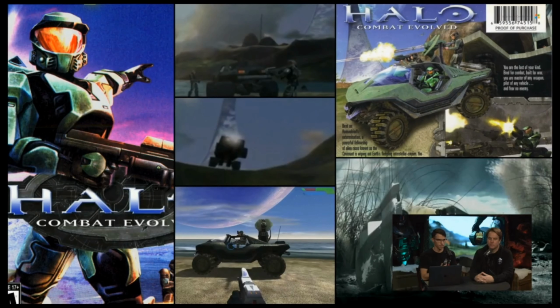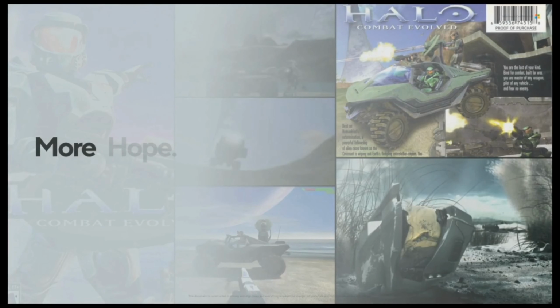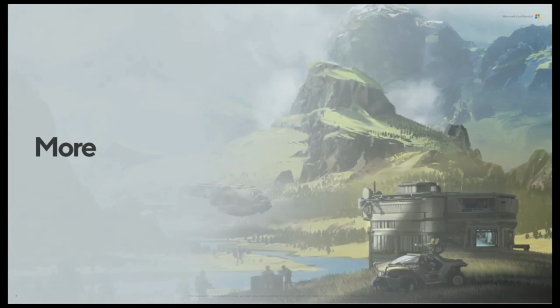As we stated earlier, I'm a longtime Halo fan. I got into this community at a really young age, and the first thing I ever saw was the Macworld trailer, actually. Those images and all of those things from Macworld always stuck in my brain, and we wanted to get back to that. So we really wanted to have more hope, more mystery, more wonder, more agency, more heroism, more symbolism in the trailer, and just, like I said, more wonder.